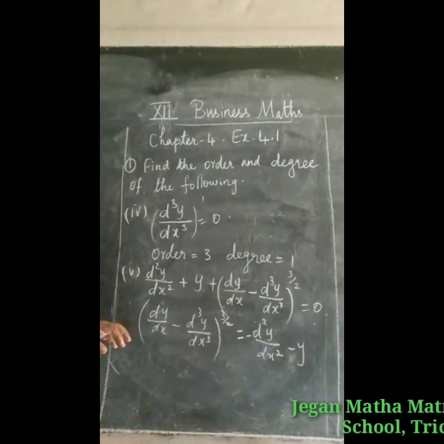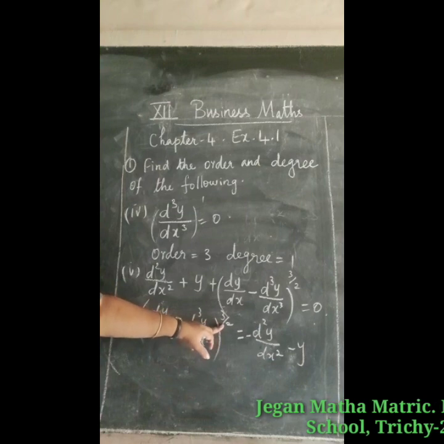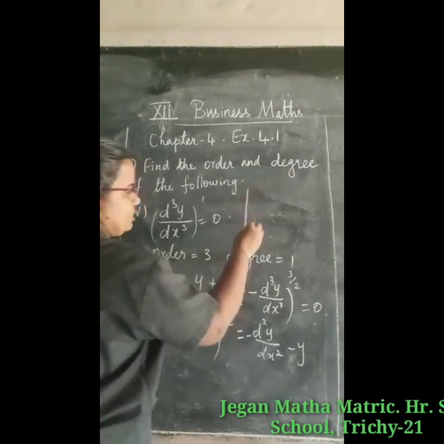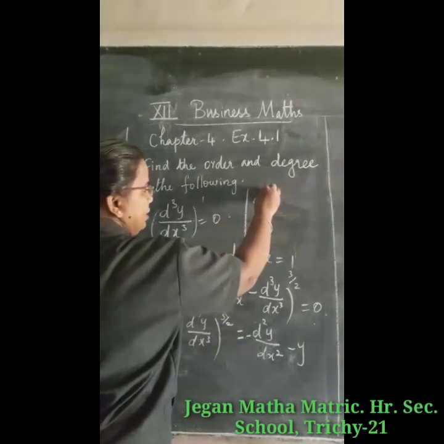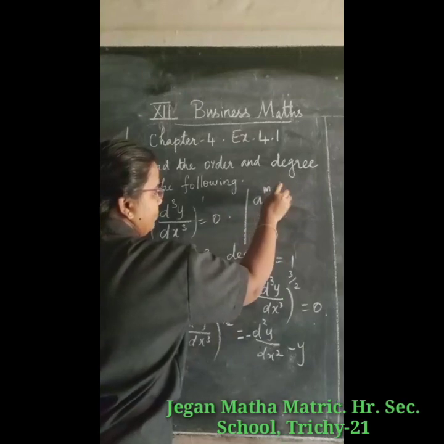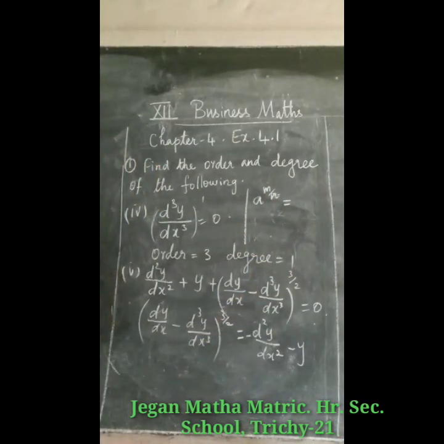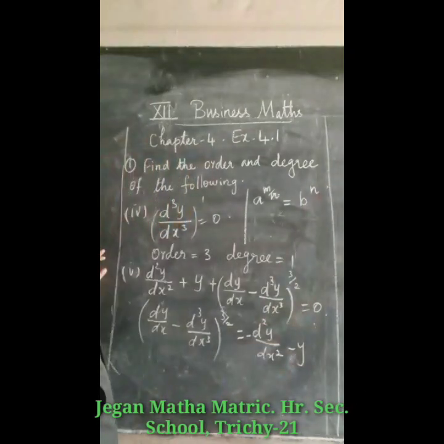And what is the next step? Here power 3 by 2 is there, and one more formula is there. That is a power m by n is equal to b, then a power m is equal to b power n. This is the formula.